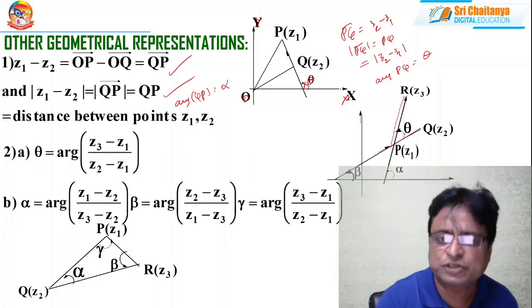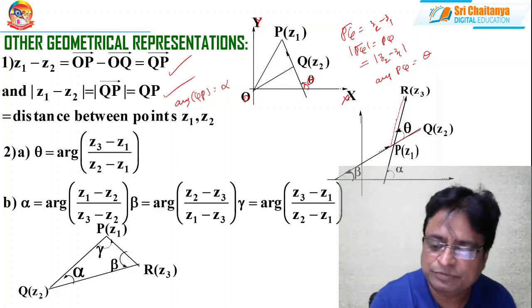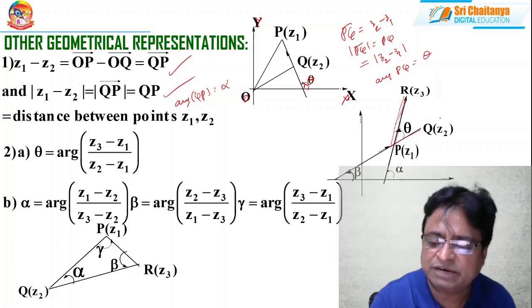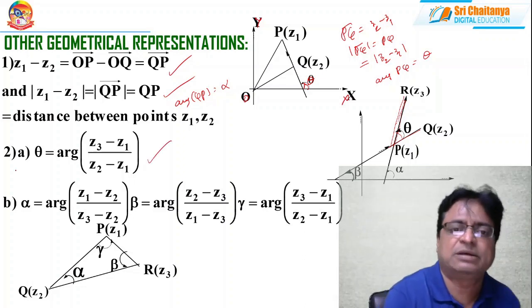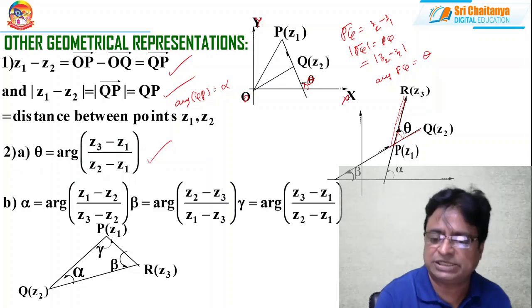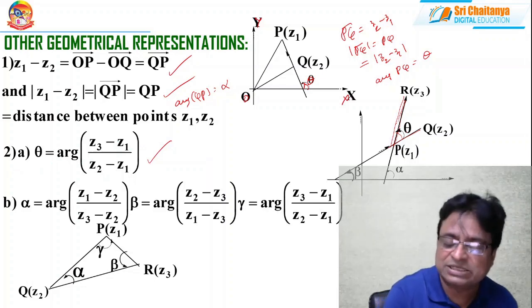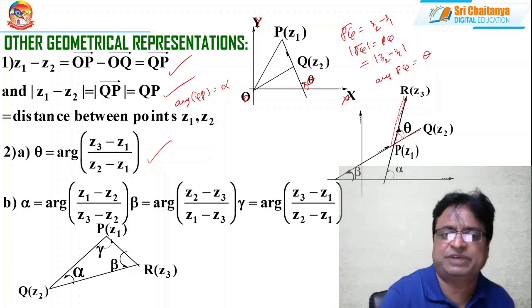Theta is the angle between these two, that is the argument of z3 minus z1 by z2 minus z1. This is the angle between PQ bar and PR bar. So the angle between PR and PQ is represented like this. Practice these diagrams, and whenever the situation holds good, draw the diagrams in this way.